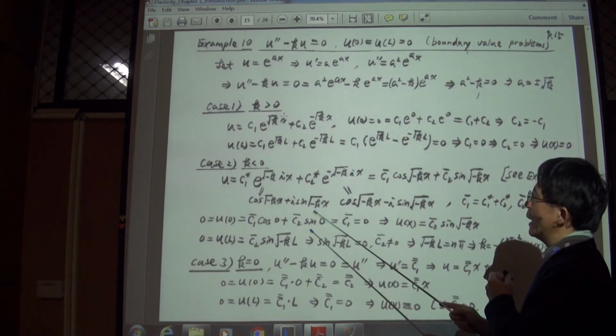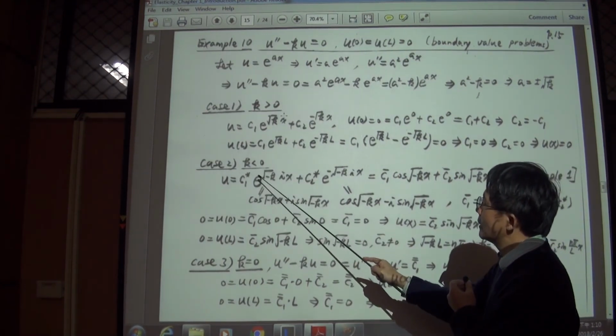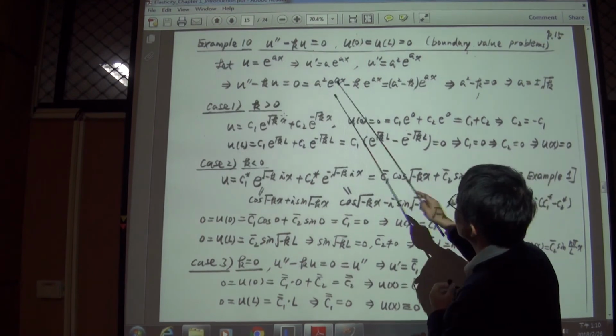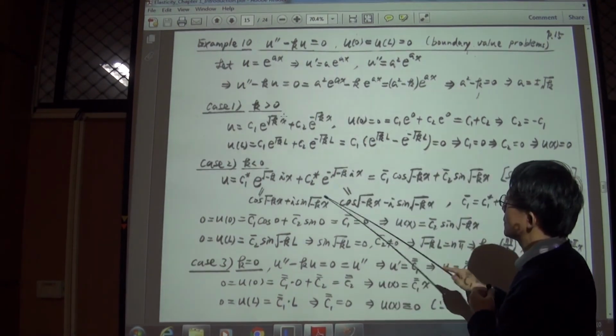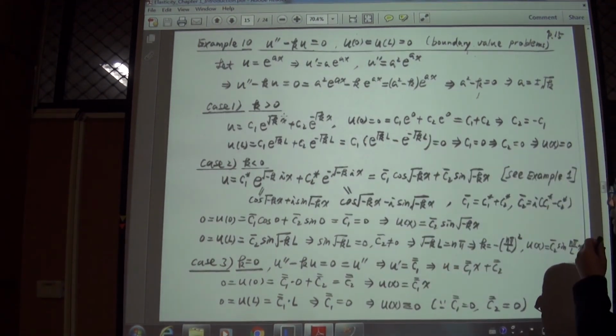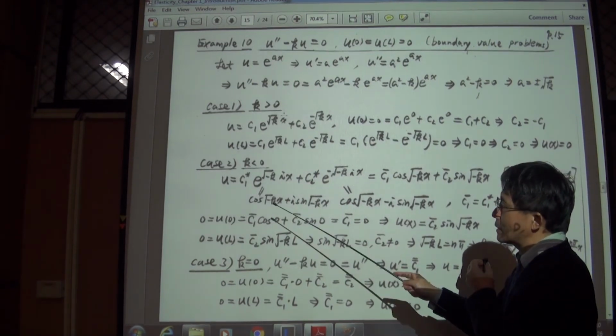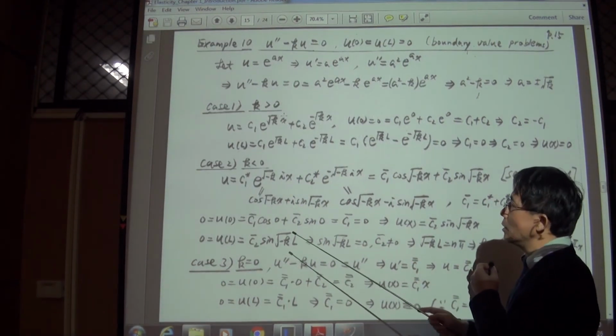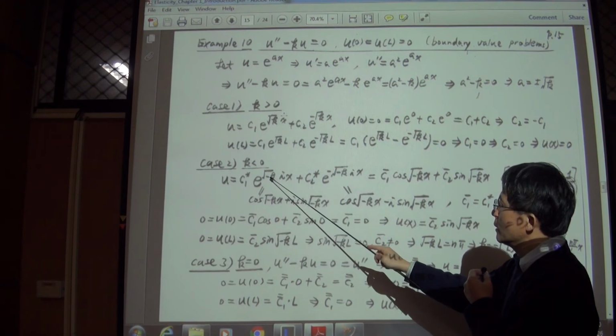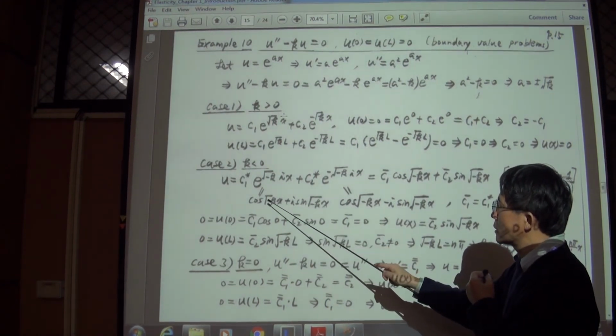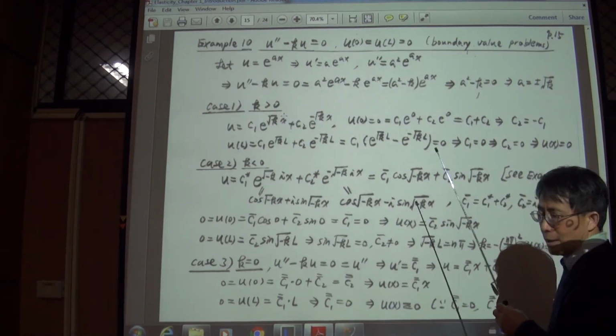Okay. If you understand this, we put this into here to get this one and this one. And in the same thing, just like we had done before in example 1, we turn this into the cosine and sine. Let me show you.